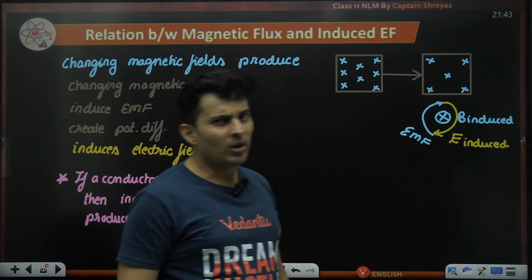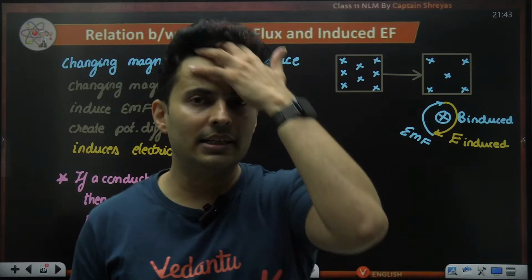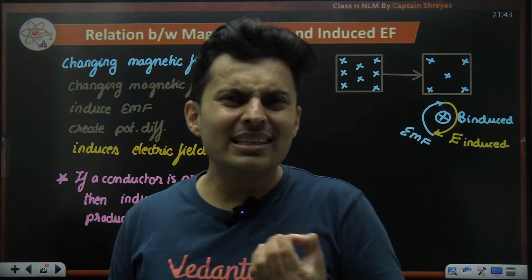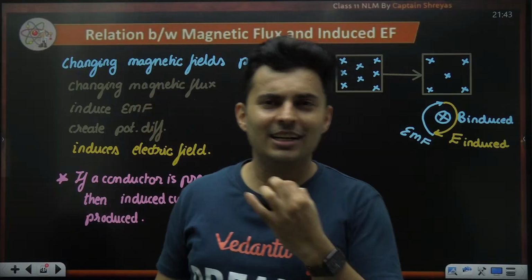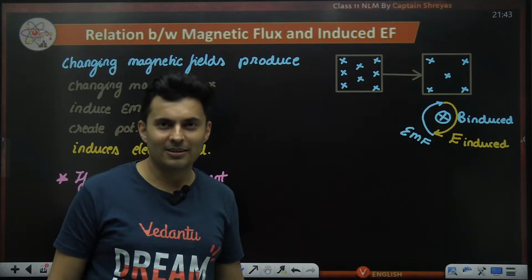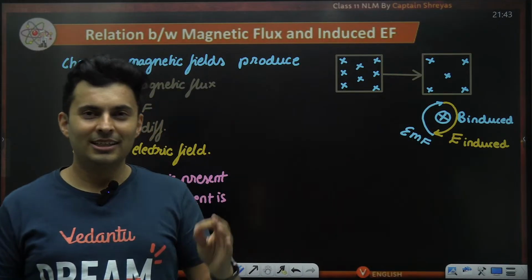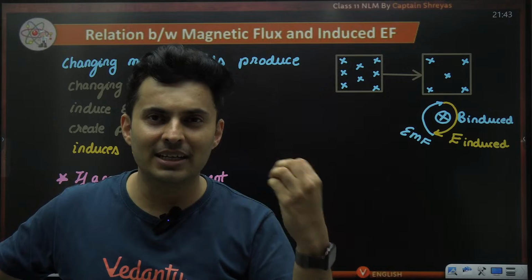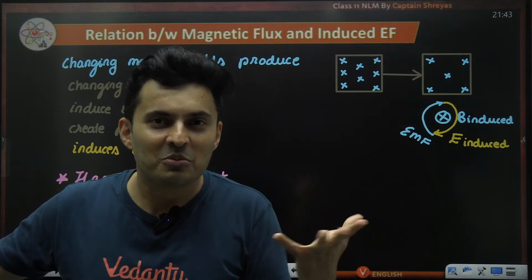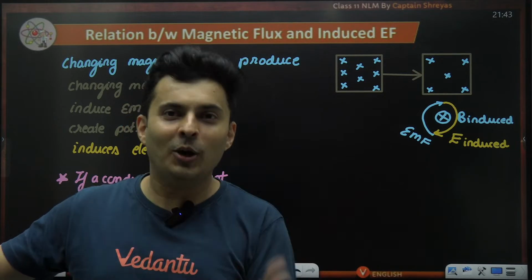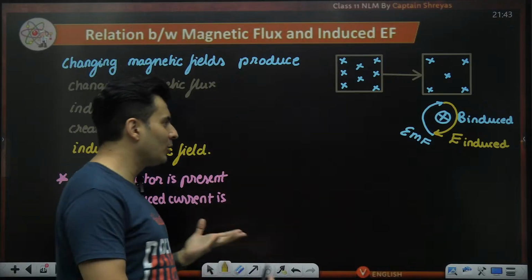And now comes the interesting part. Sir, if positive or negative charge is not creating it, then where do these lines start from and where do they end? Think, guys, it cannot come from positive, it cannot end at negative. It cannot start, it cannot end. So it has to be closed loops.